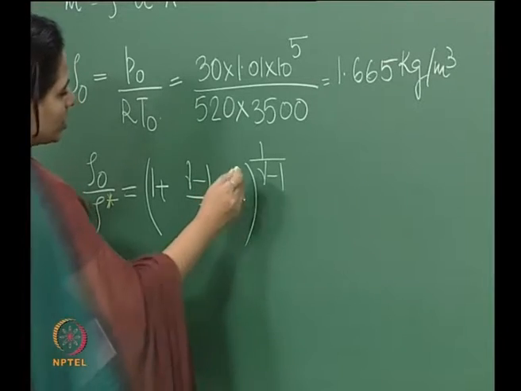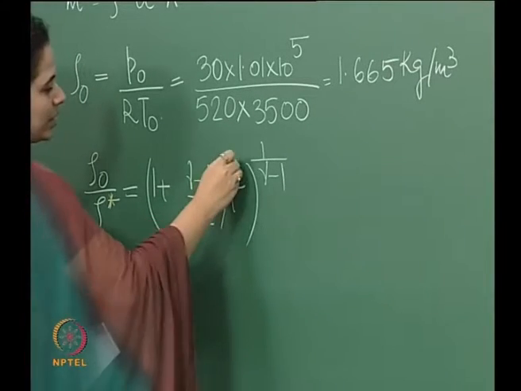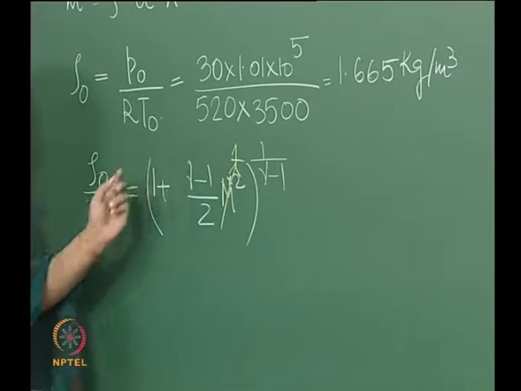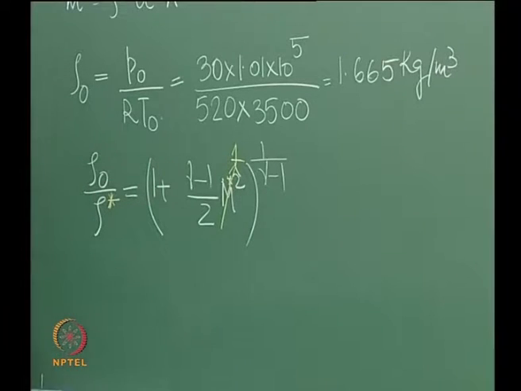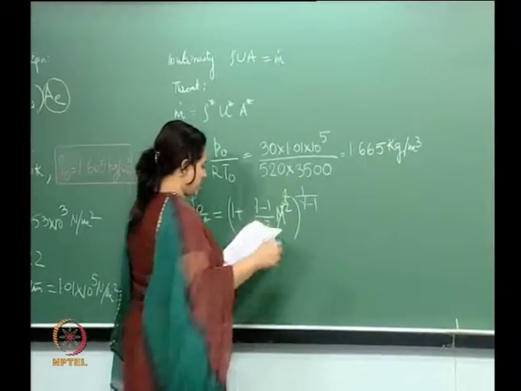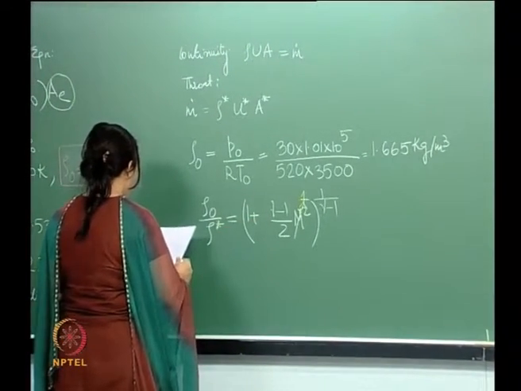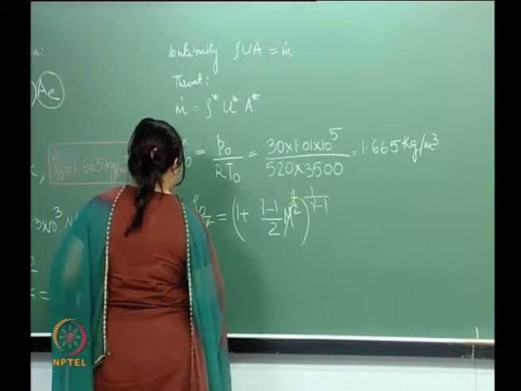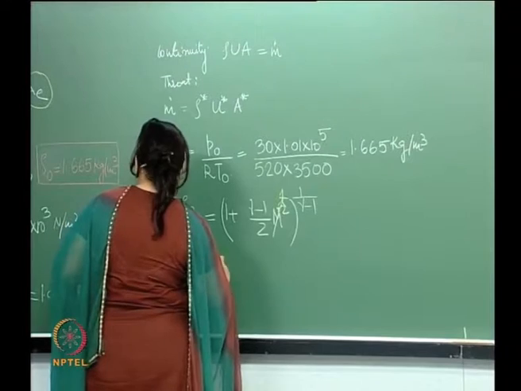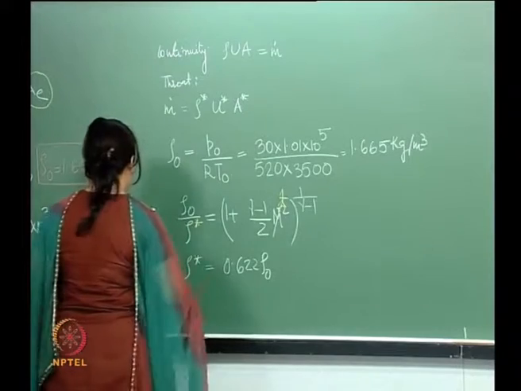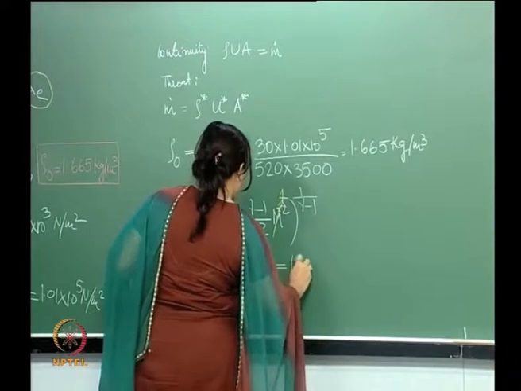So, I basically get M star equal to 1, because the throat is the sonic zone. So, this goes to 1, and we are left with this expression here. Therefore, if I calculate this and put gamma equal to 1.22, I am able to get rho star.